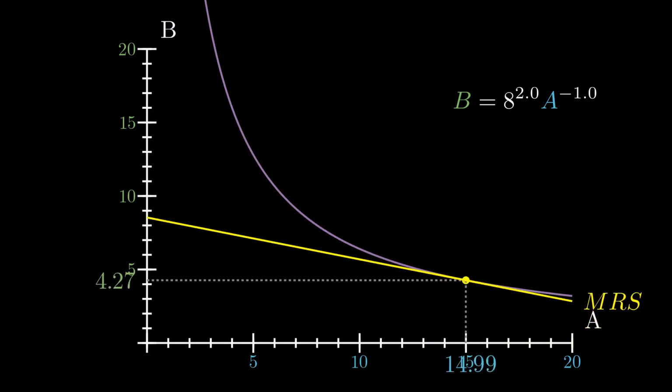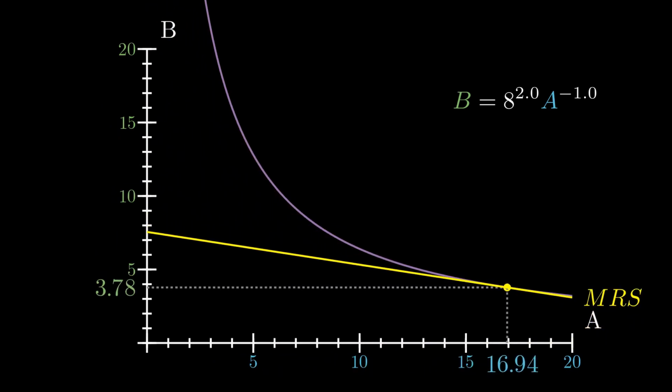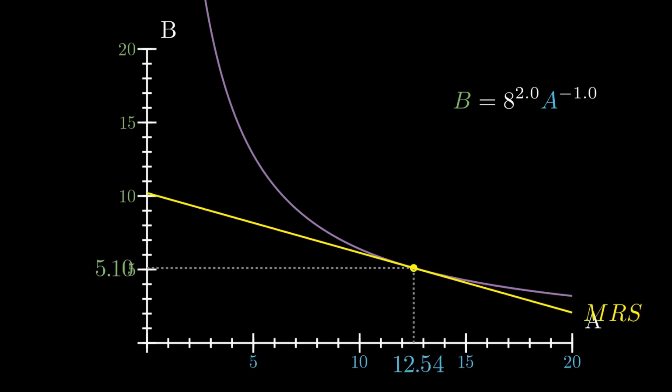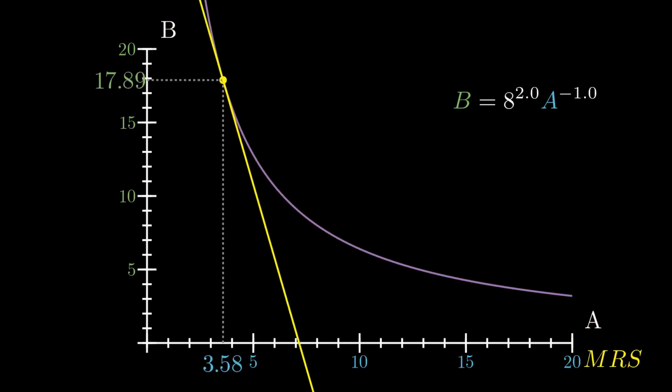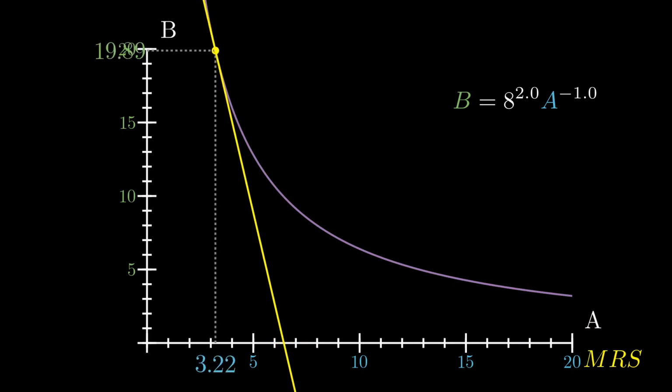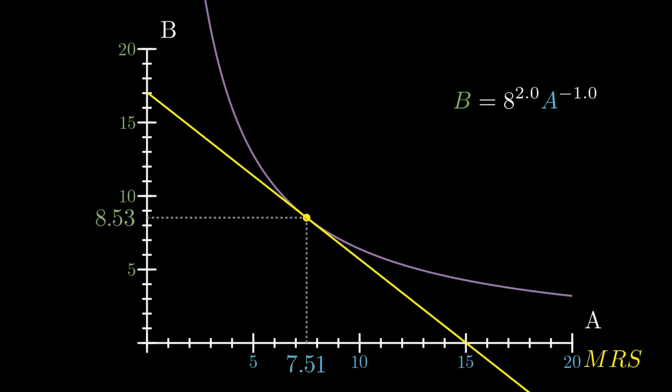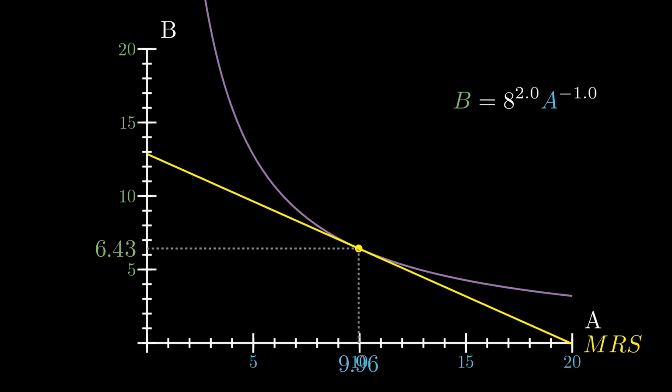At bundles on the indifference curve with small A, the indifference curve is very steep. If we add one more unit of A, the consumer is willing to give up a lot of Y and still be no worse off. And on the other extreme, the indifference curve is flat. If we add one more unit of A, the consumer isn't willing to give up much of B. For all the mathematically inclined, you may be guessing that there's a relationship between the marginal rate of substitution and the utility function.